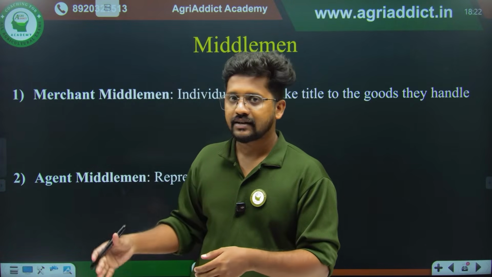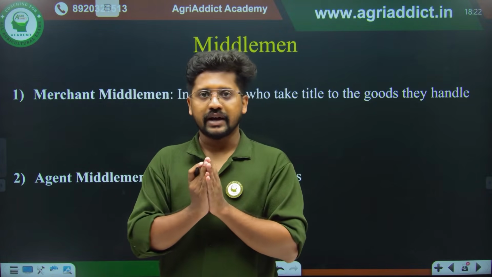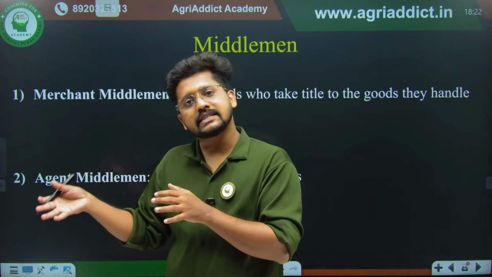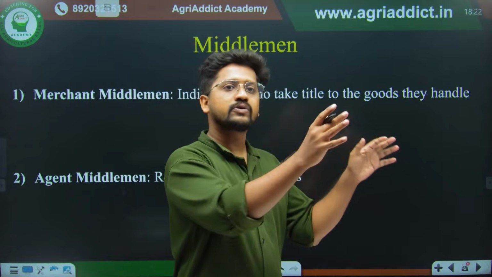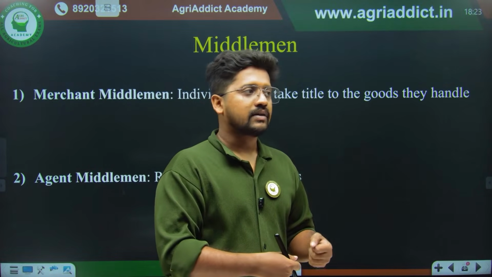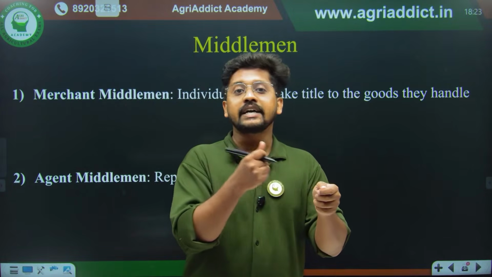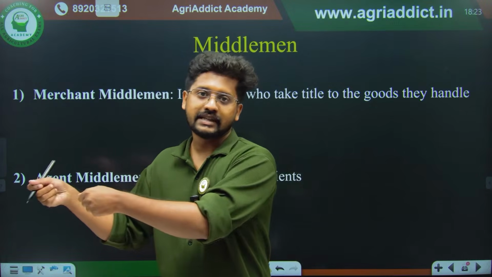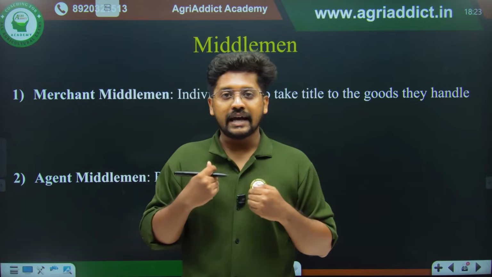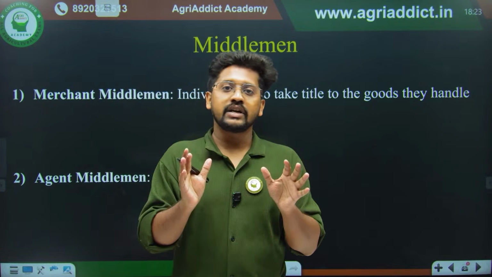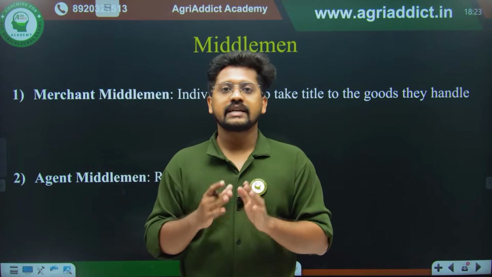So I will act on his behalf. I will tell him, don't worry, give me those goods, I will sell them to somebody else. He is not selling it to me, he is just giving it to me, and I will show this to all my clients. Whoever is ready to buy from me and gives me the higher price, I will sell it to, collect the money, take my commission, and give the rest to him. So he is effectively selling to the next intermediary, but I am taking the physical commodity with me to show them, to sell it, and to earn the commission. That is the commission agent.